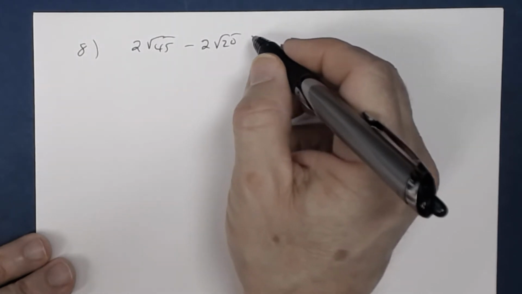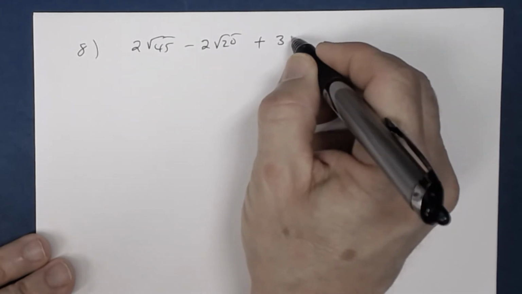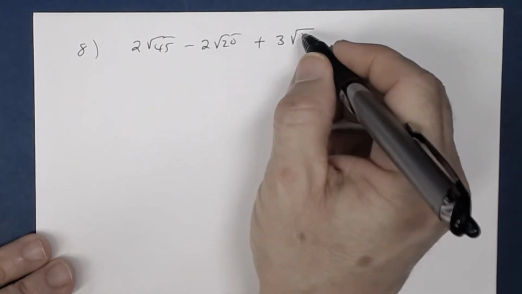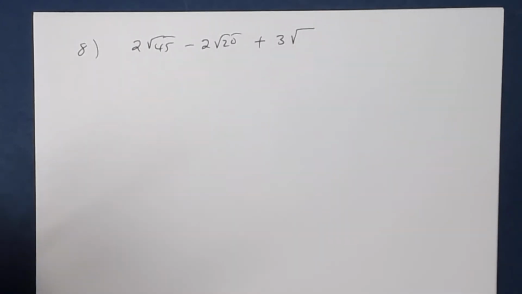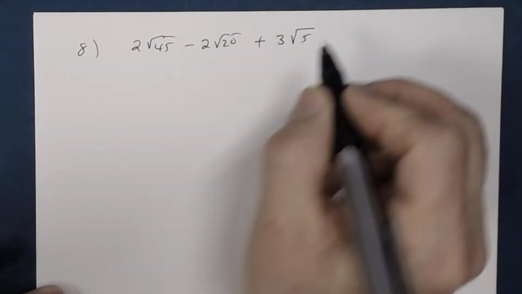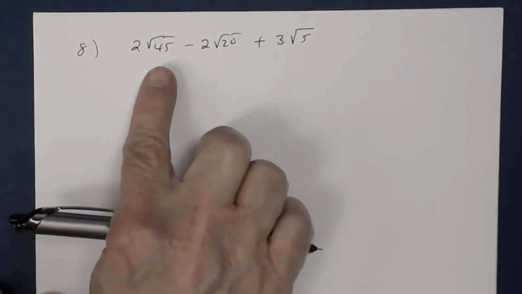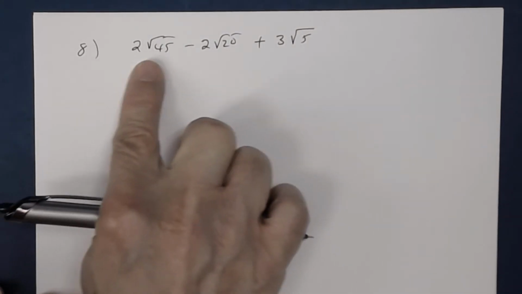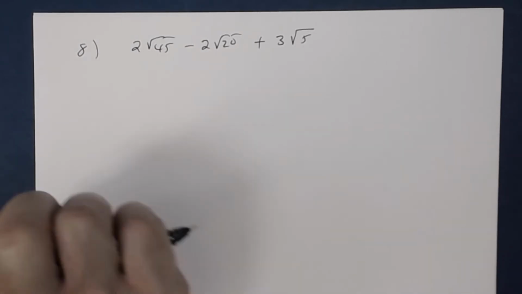And let's say plus 3 square root of 5. Let's do that. Okay, now, you have 3 terms. Are all of those 3 terms alike? No. That's square root of 45, that's square root of 20, that's square root of 5, right?